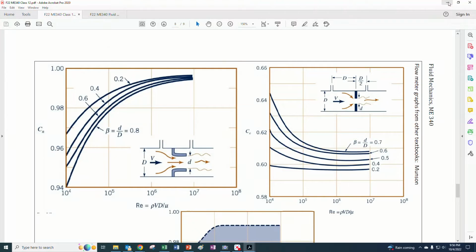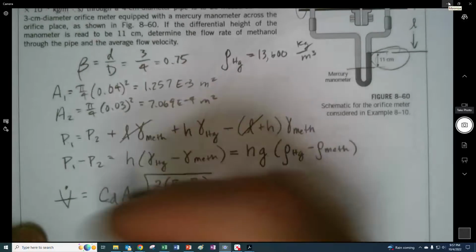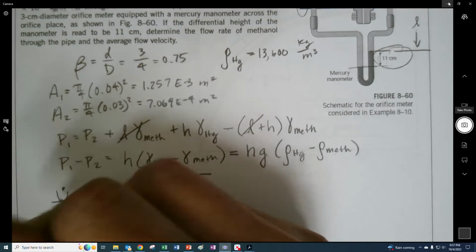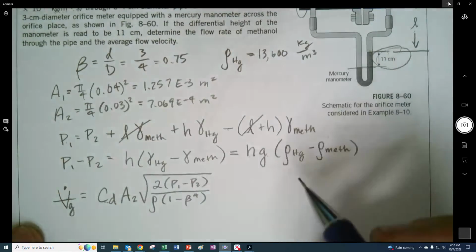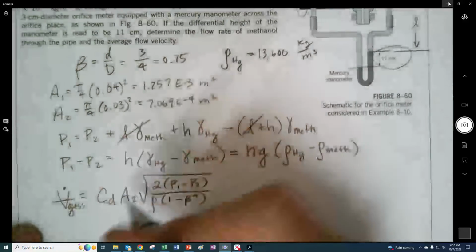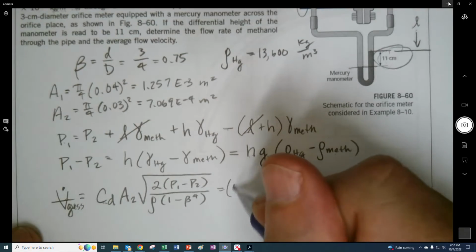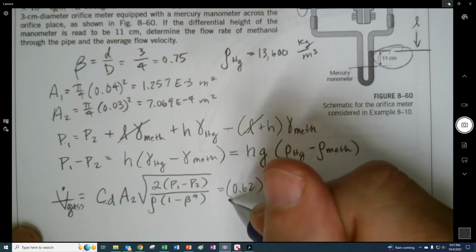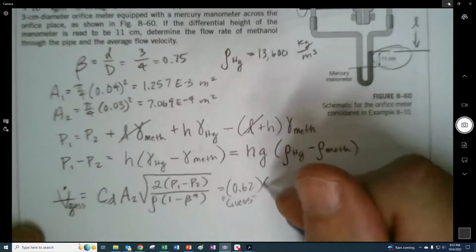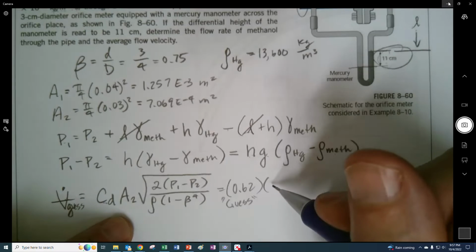Arbitrarily pick a value to start out with. So this is going to be my first guess. I'm going to put G here for guess, or maybe sometimes I write guess. Here's my first guess, and I'm going to put in here 0.62.